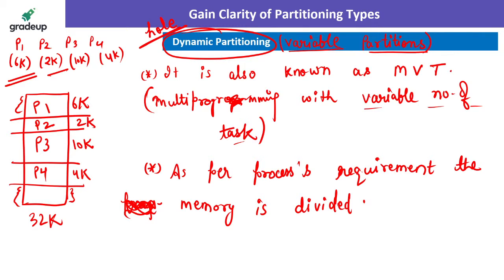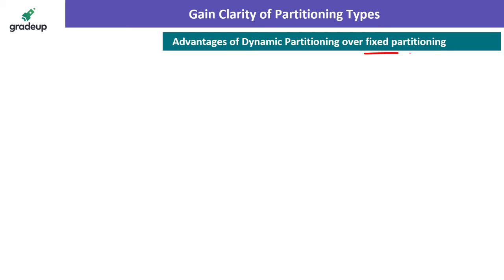So what will be the advantages of dynamic partitioning over fixed partitioning? What are the disadvantages of fixed partitioning? So the very first advantage of dynamic partitioning: can you tell me what it will be? Quickly tell me.